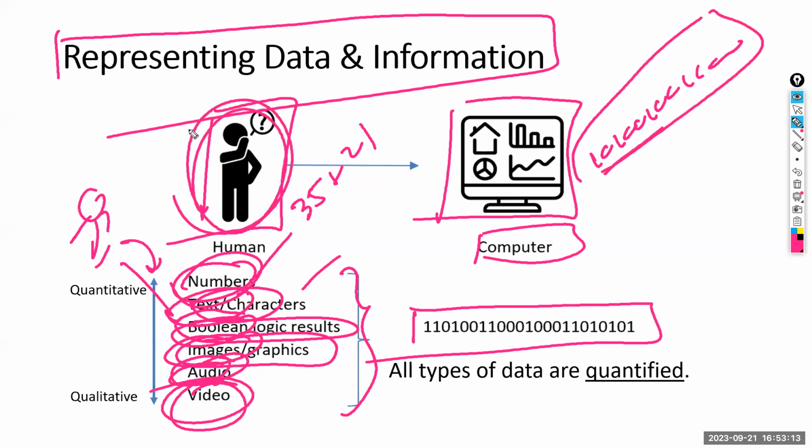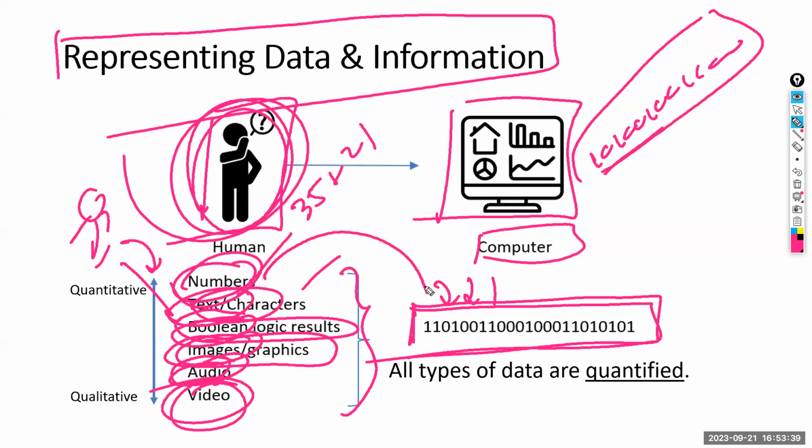This image is a set of ones and zeros. It comes to your computer as ones and zeros, and again it is interpreted back as an image by your monitor. So for a computer, everything is a set of ones and zeros, or binary numbers. Numbers are numbers, characters are numbers, images are numbers, audio is a number, video is also a number.